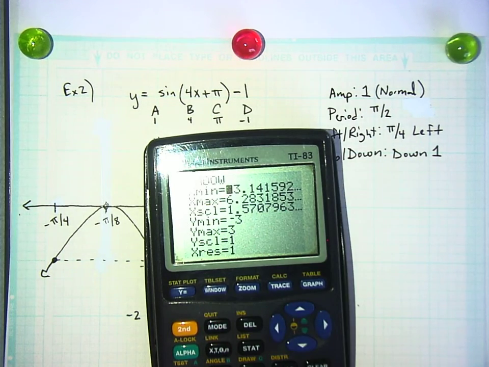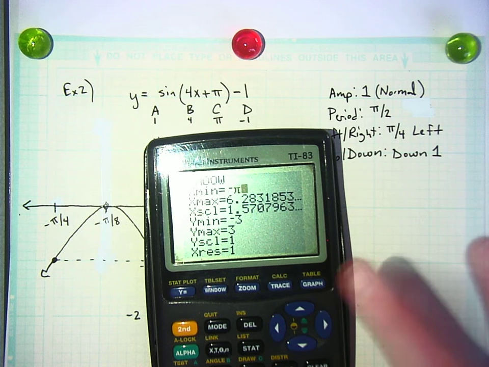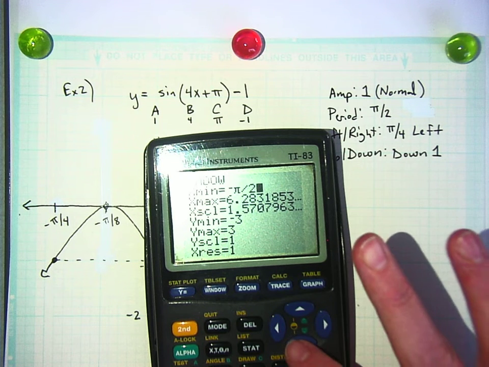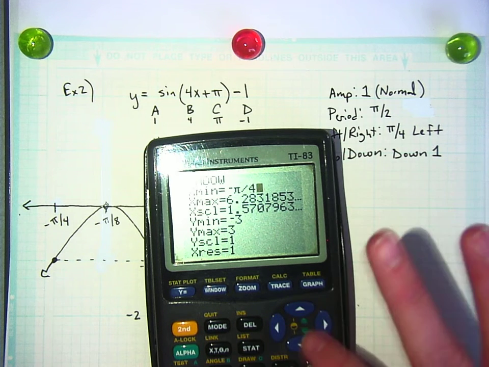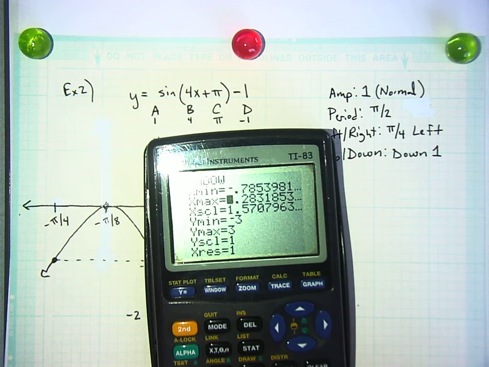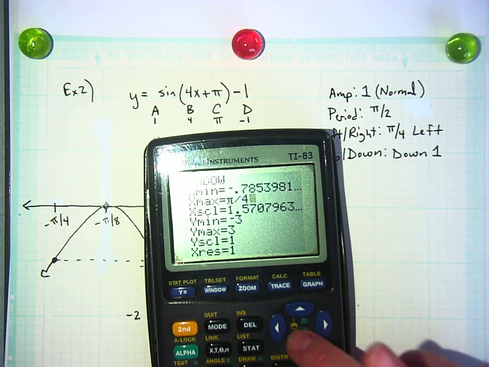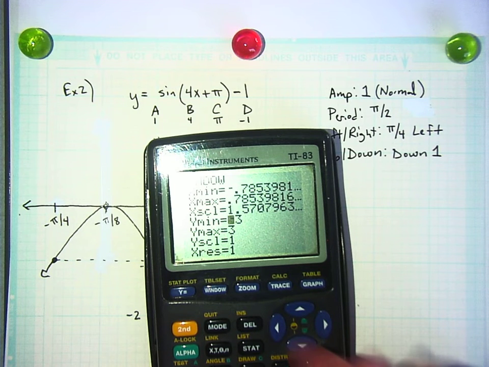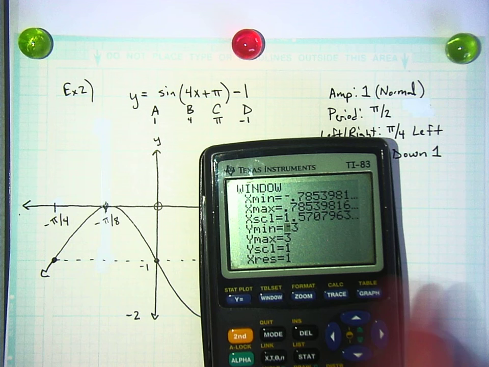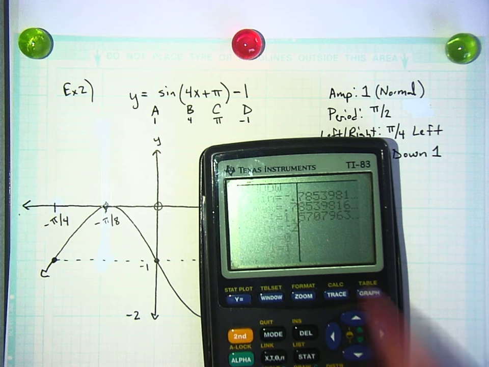Okay, so if I wanted to put this in my calculator, I would say I want my window to go left pi over 4, right, is where it starts, and it should go to the right pi over 4 to see if I'm right. And then it's supposed to start at -1, so I guess I'll go from -2 to 0 on the y min and max.